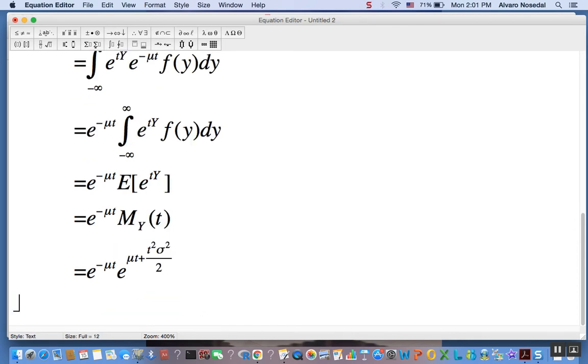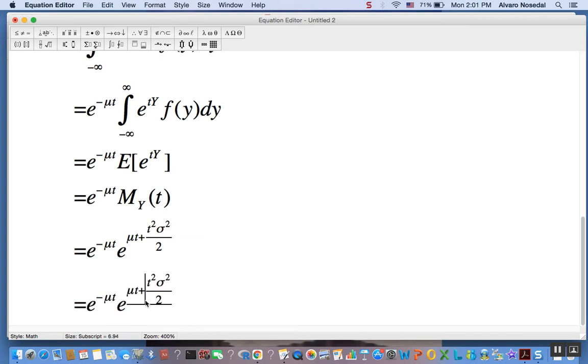Now let's do a little bit of algebra here. Let me break down this exponential into two. That would be the same as the product of two exponentials, right? That's what I want.